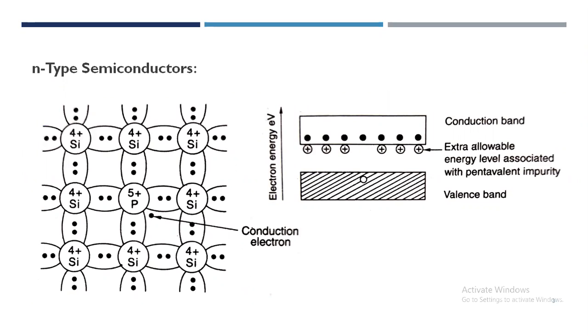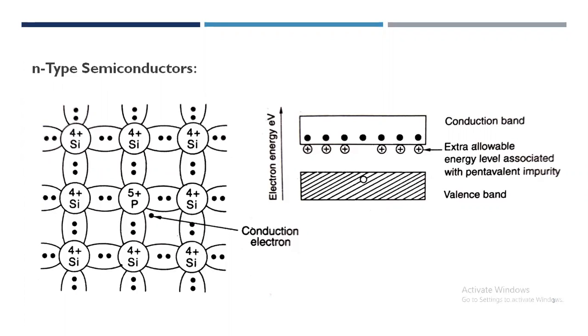N-type semiconductors are those in which silicon is doped with an element from the fifth column. For example, silicon with phosphorus, antimony, or arsenic. These impurities from the fifth column of the periodic table have 5 electrons in the outer shell available for interaction with the other atoms.